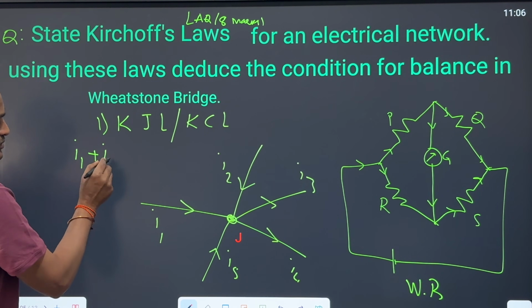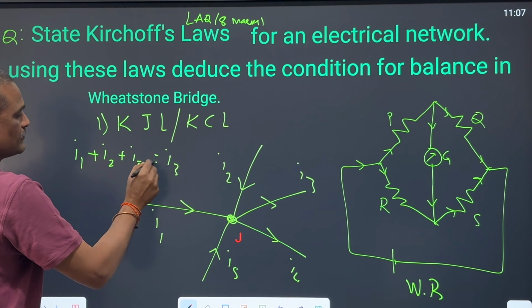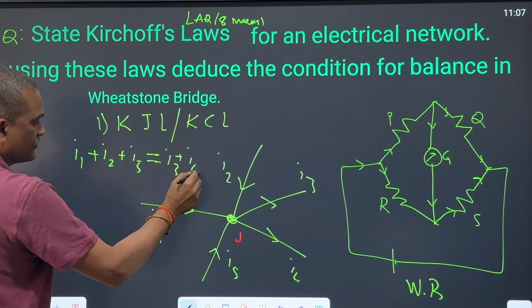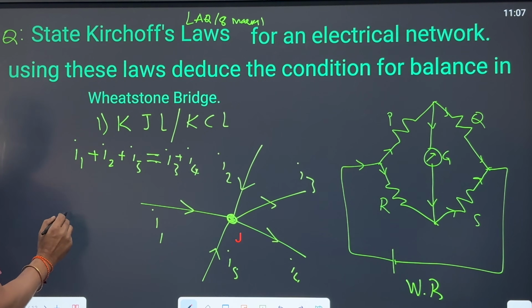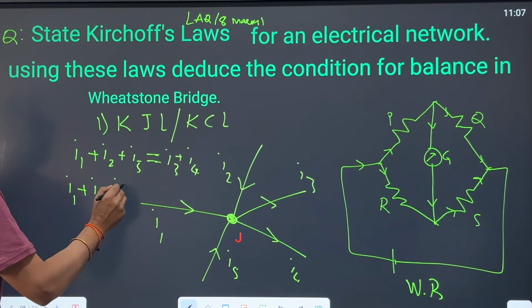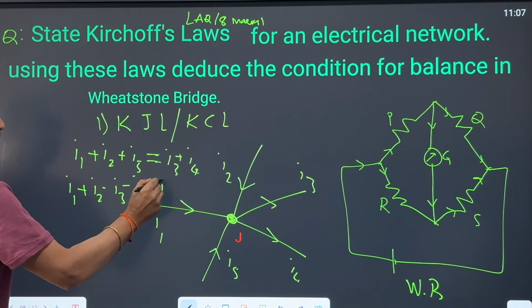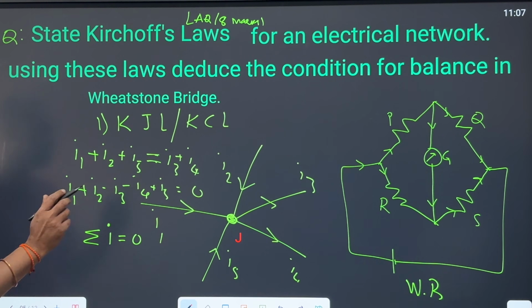I1 plus I2 plus I5. What are the currents leaving? I3 plus I4. The algebraic sum of currents at this junction is 0. So I1 plus I2 minus I3 minus I4 plus I5 is equal to 0. In the exam, if you write sigma I is equal to 0, you will get 1 mark.